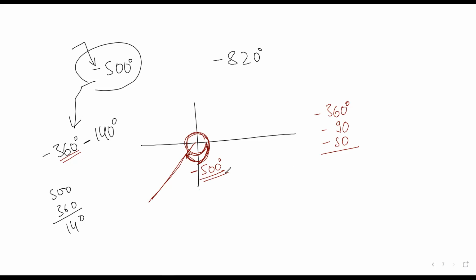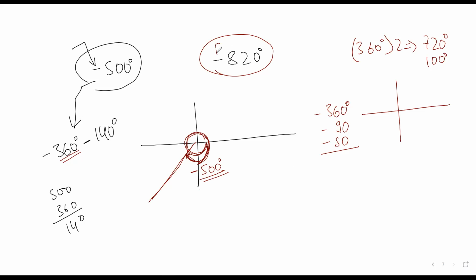Then let us look at the final question, minus 820. So we see that 360 into 2 is 720. We have to go 100 degrees more. But they are negative. So what we'll have to do is, this would be 360, one complete round, then one complete round and 100 more. 100 more is basically 90 plus 10 degrees more.